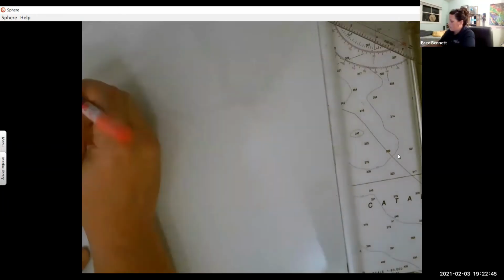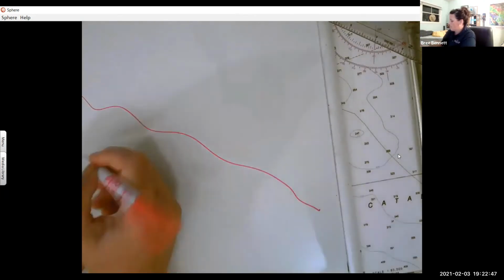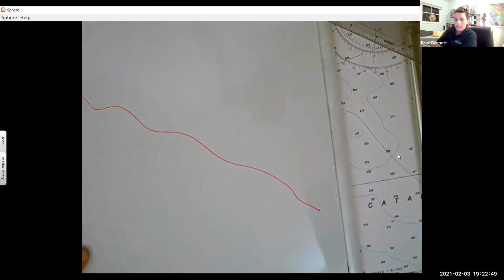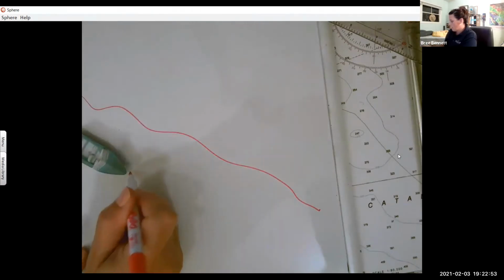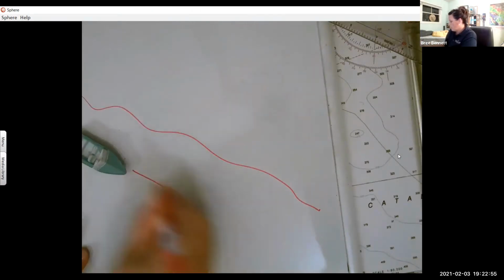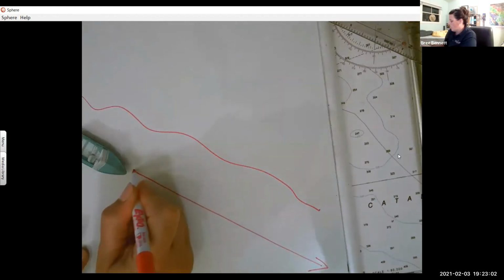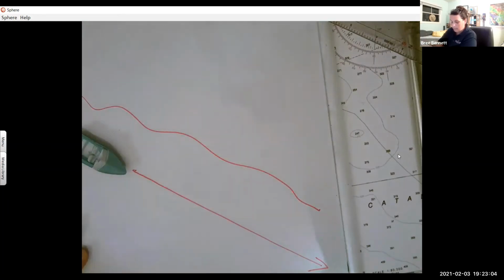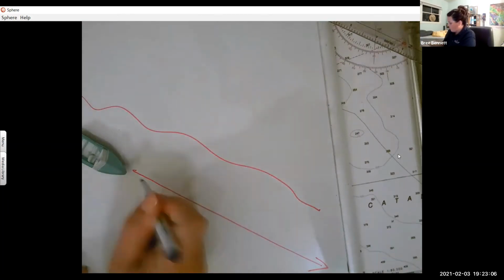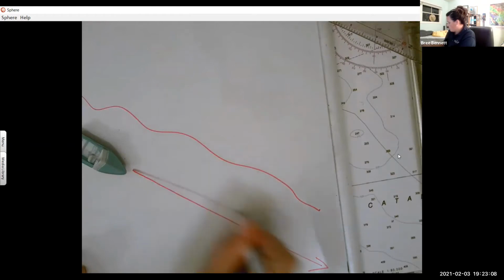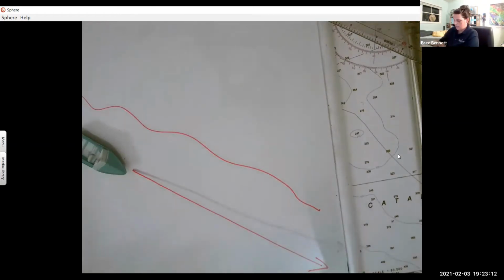But here's my little example. If we are cruising along and we've set our boat to autopilot, cruising down the coast, if I am 1 degree off, which isn't very much, right? 1 degree.